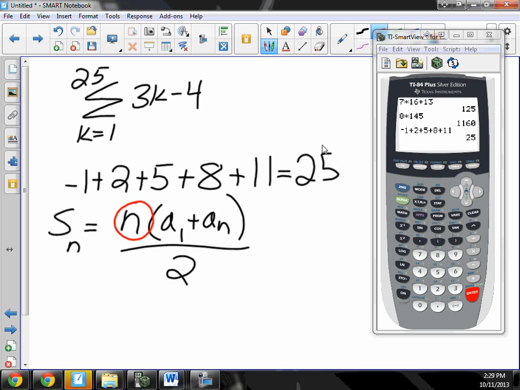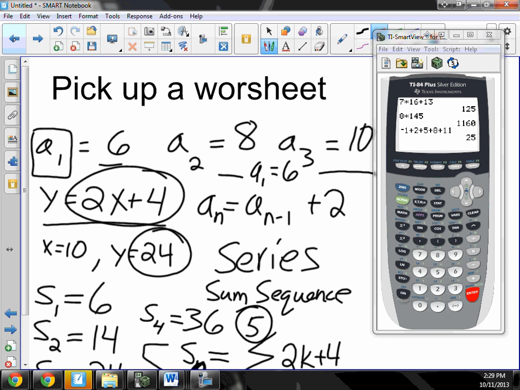Where does that number come from? It's the top of the summation problem, or it's the subscript of the biggest term. So if I go back to here, if that's my biggest term, that's n. Whatever the subscript on your biggest term is, that's n.